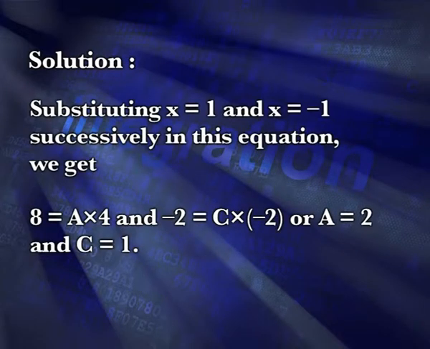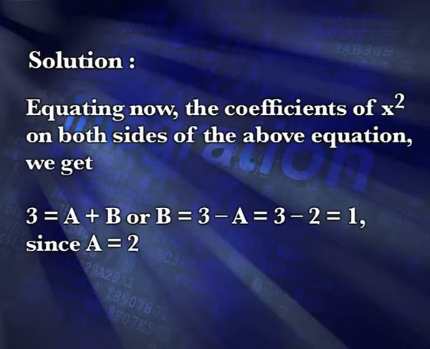Substituting x = 1 and x = −1 successively in this equation, we get 8 = 4A and −2 = −2C, or A = 2 and C = 1. Now equating the coefficients of x² on both sides of the above equation, we get 3 = A + B, or B = 3 − A, that is 3 − 2, which is equal to 1.